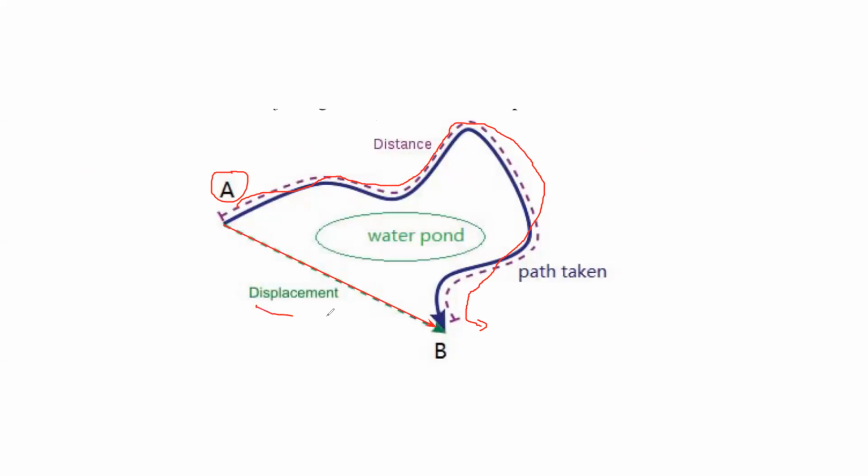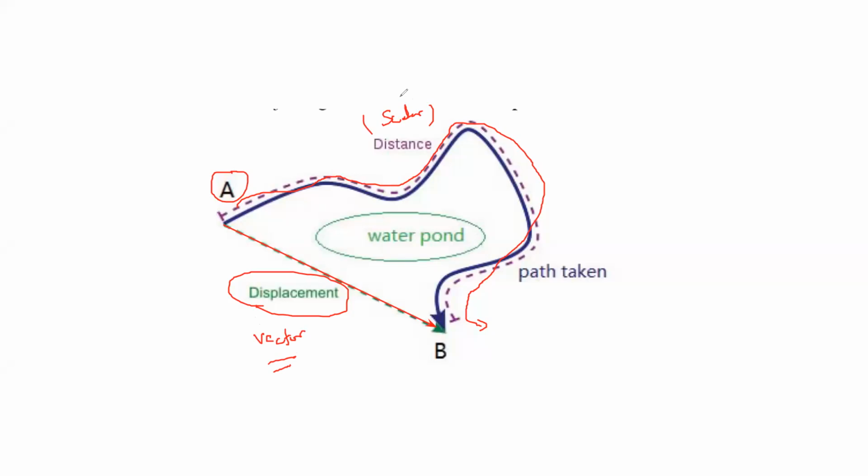When we take the shortest distance between the 2 points, we call that displacement, and displacement has a direction. Whenever a quantity has a direction, we call it a vector. If it does not have a direction, we call it a scalar. So distance is a scalar quantity, displacement is a vector quantity.